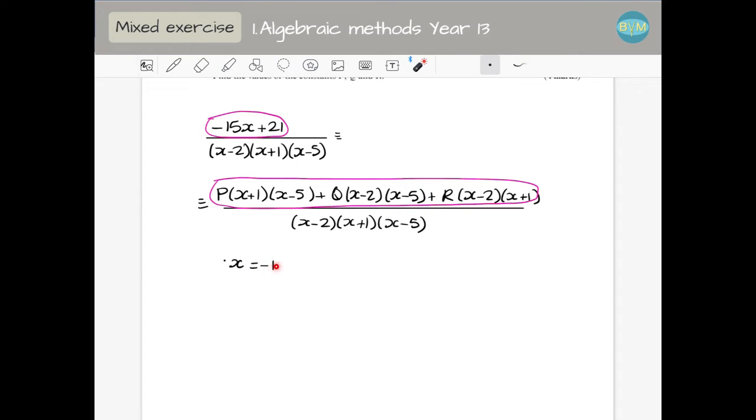So when I substitute x by minus 1, the left side is going to be minus 15 times minus 1, which is positive 15, plus 21 is 36. So the left hand side is 36. The right side is going to be this one 0, yeah? And then I have minus 1, minus 2, minus 3.